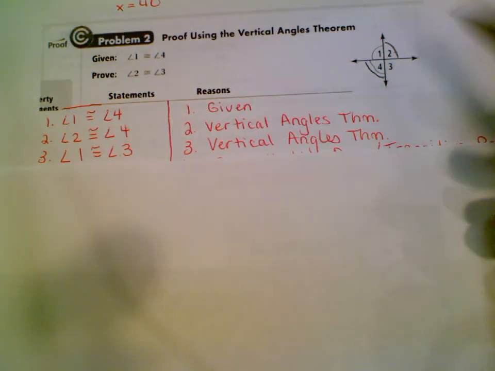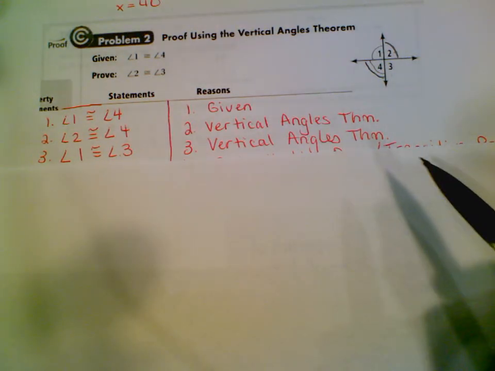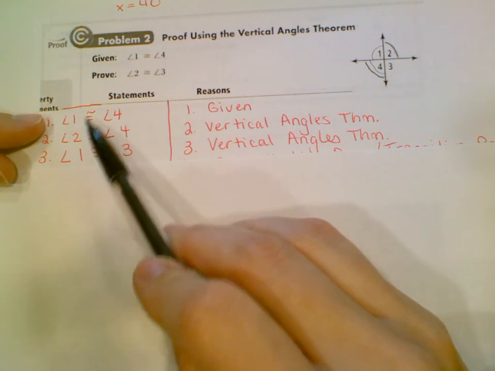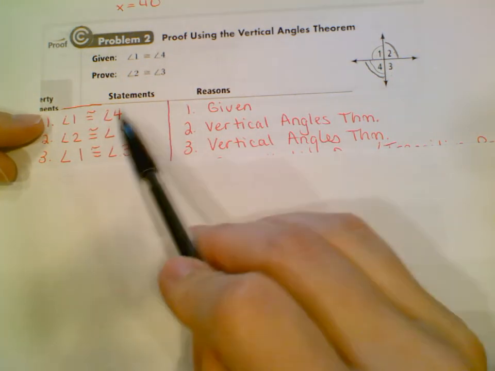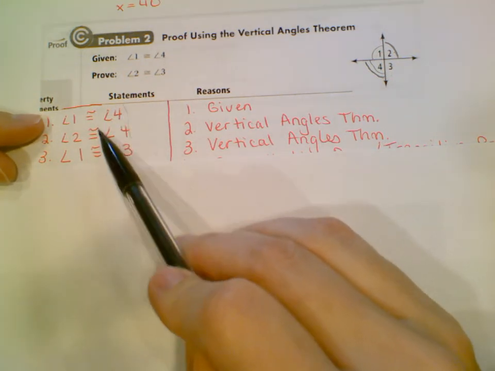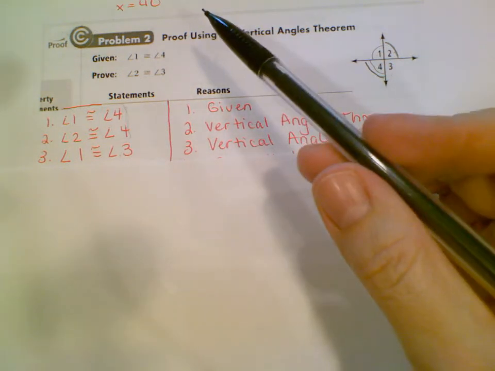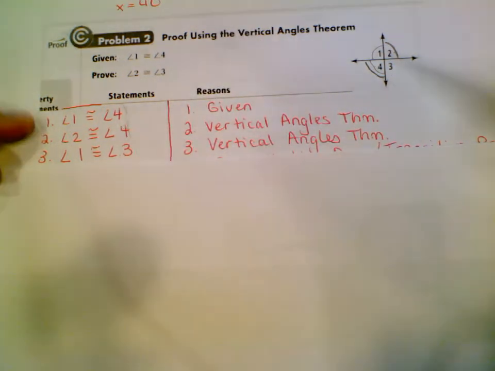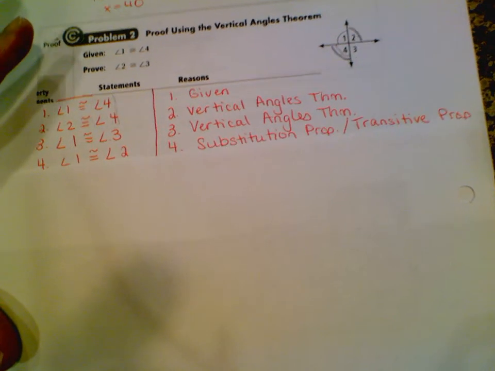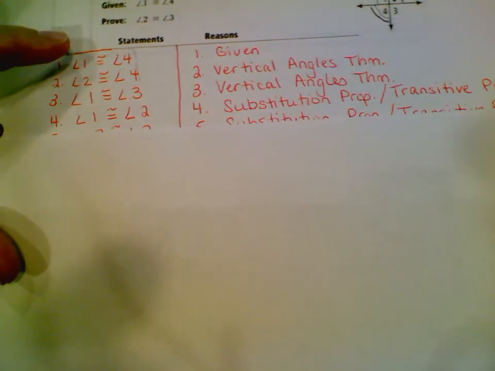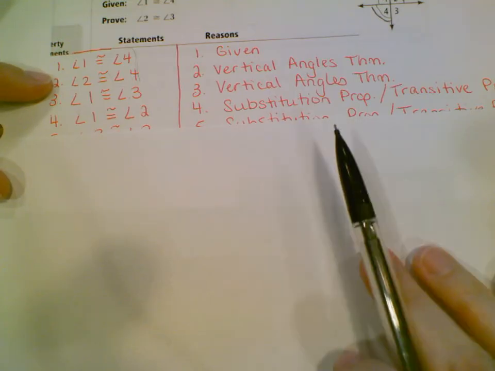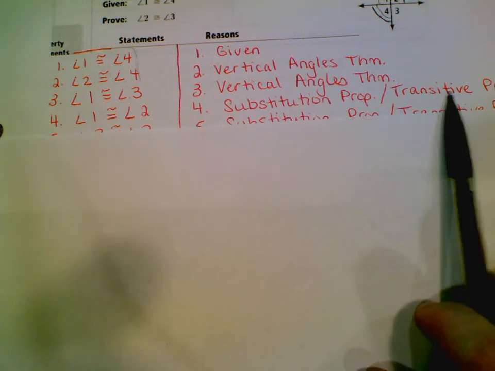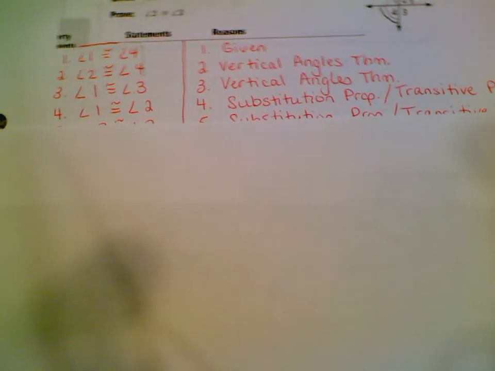because they are also a pair of vertical angles. Now notice that I have a couple things in common. Notice that in these two statements that these 4's are in common. Well, that's that transitive property / law of syllogism where these two things are in common, so I'm going to say that 1 and 2 have to be congruent, and you could either look at it in terms of substitution if you wanted to, or in terms of transitive property.